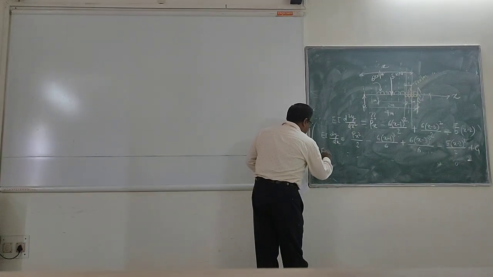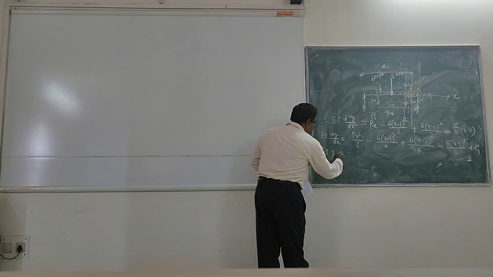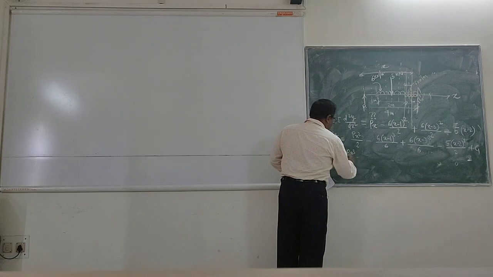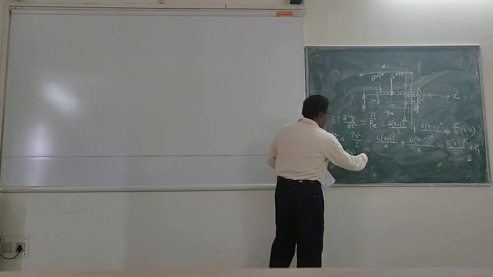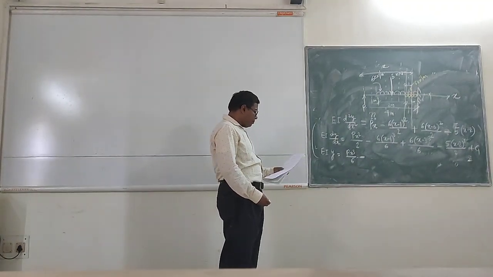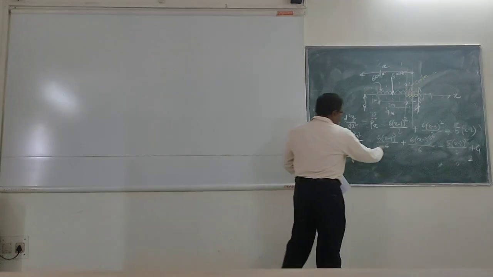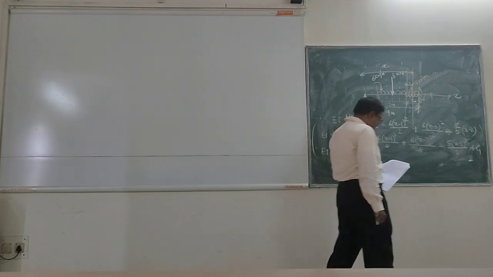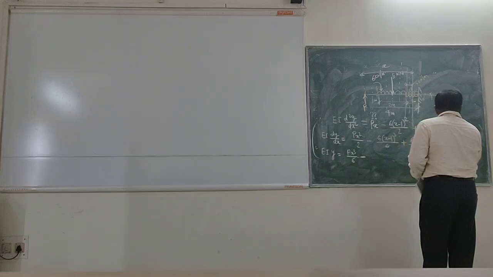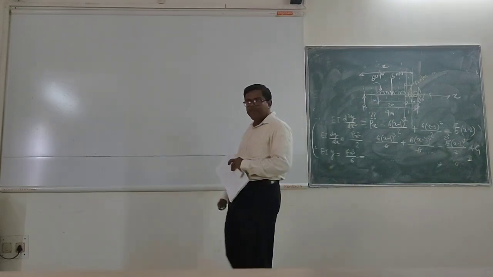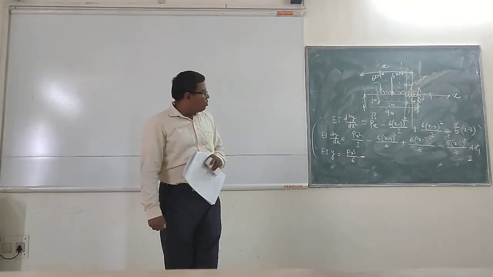So EI y is equal to P x cube by 6 minus... what will be there? So this 6 cancels, right? And 5 divided by 2 will give you 2.5. Correct? So now I integrate.